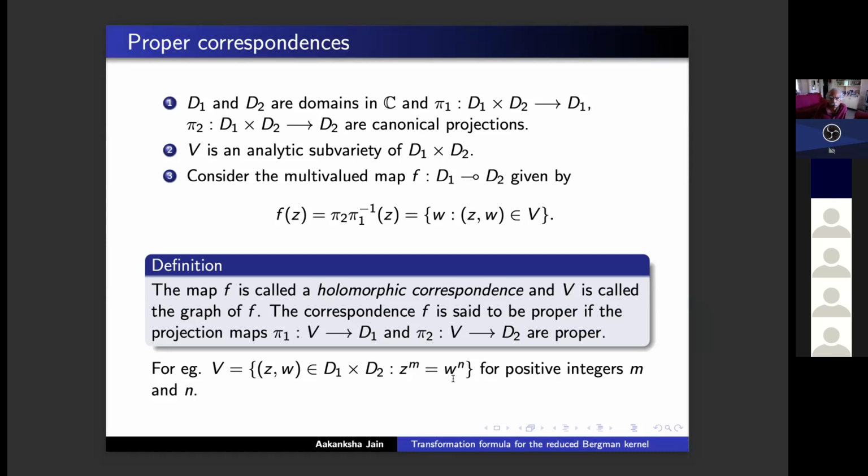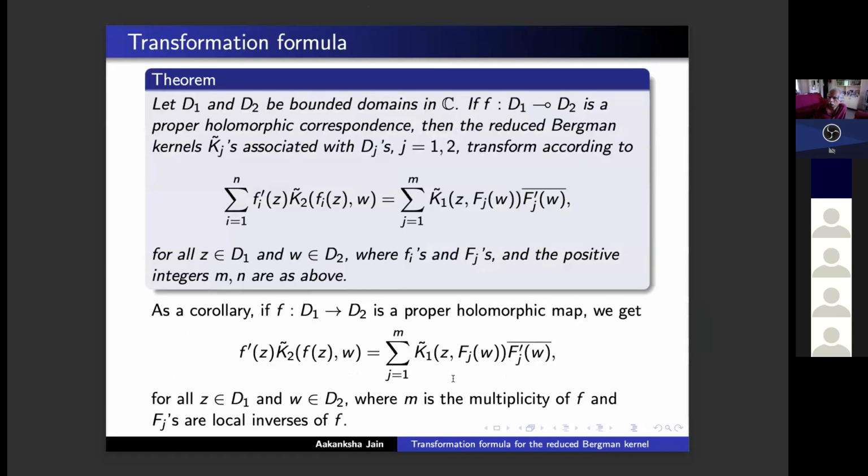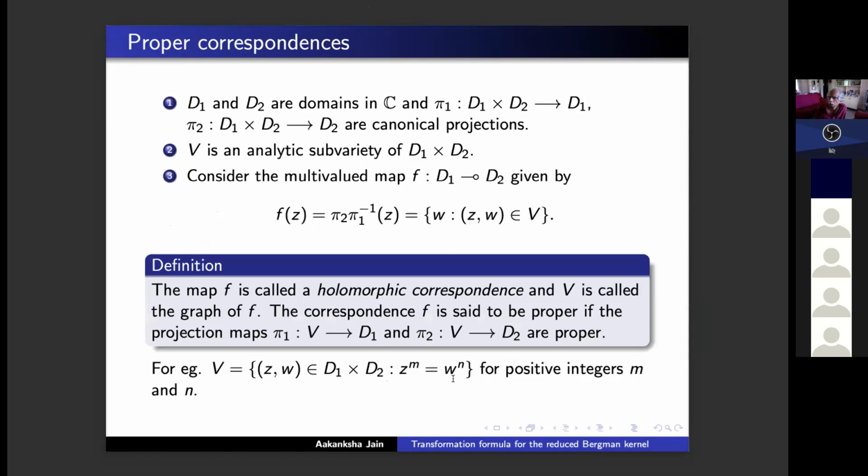Of course, the last result is for maps. What I mean is the machinery and the result for the transformation formula will actually go through comfortably.